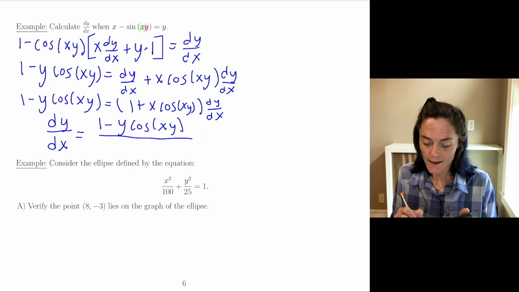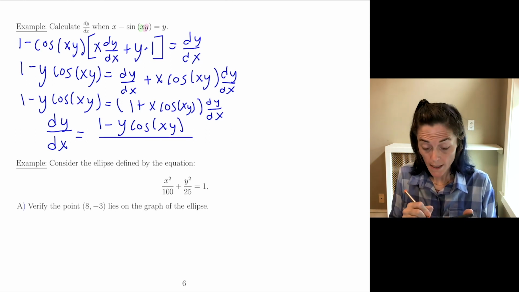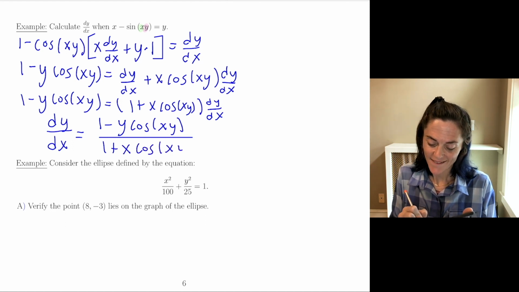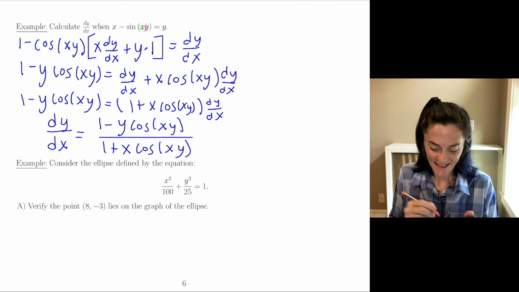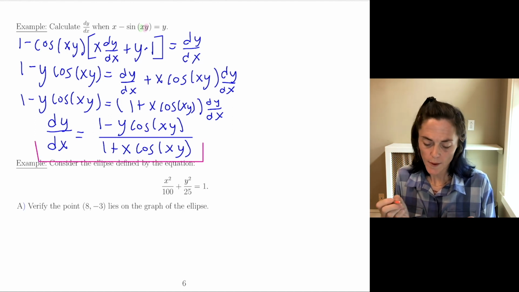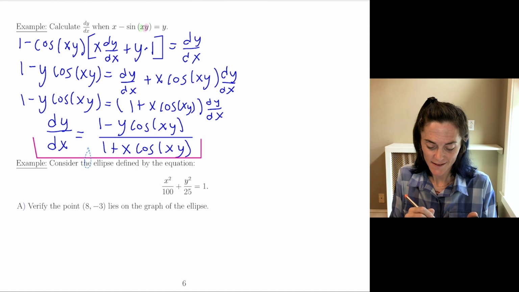Then we divide by 1 plus x cosine xy. Okay, this was a fun one. A little bit involved, but it's good for us.